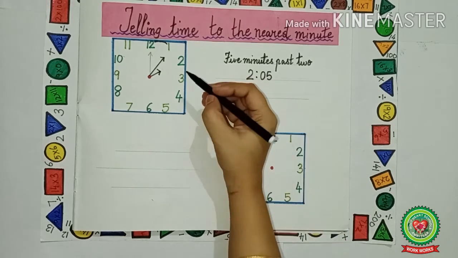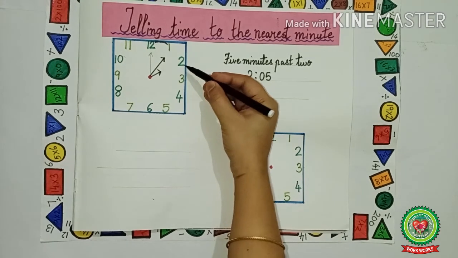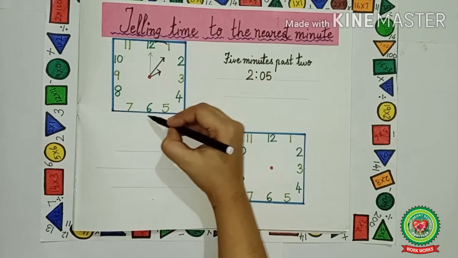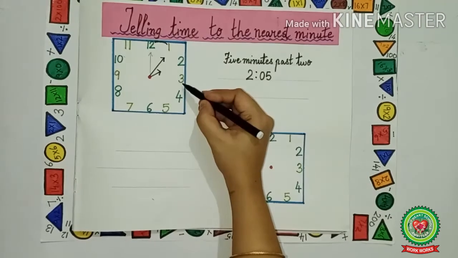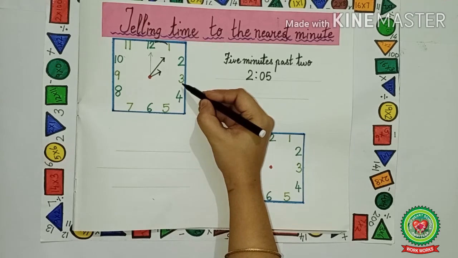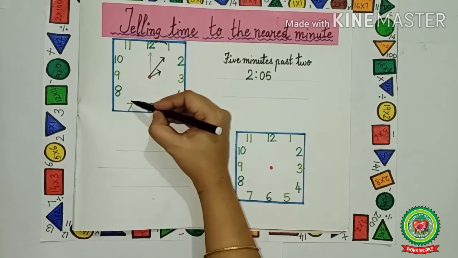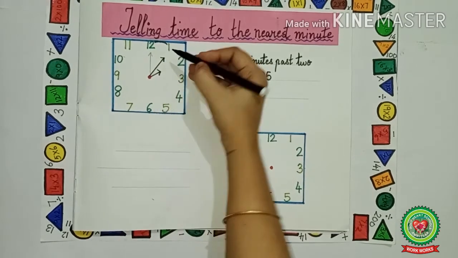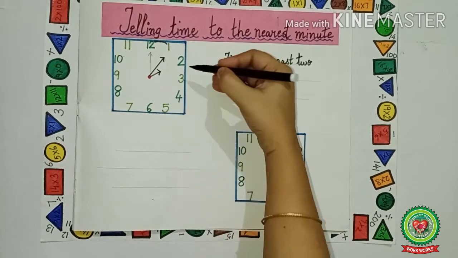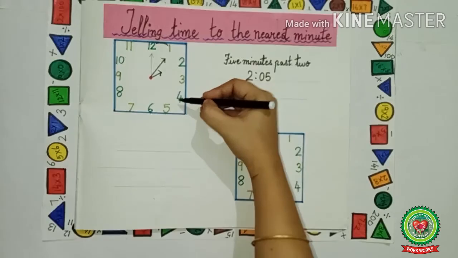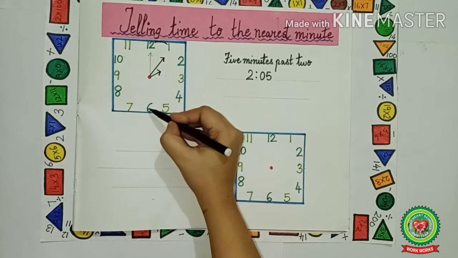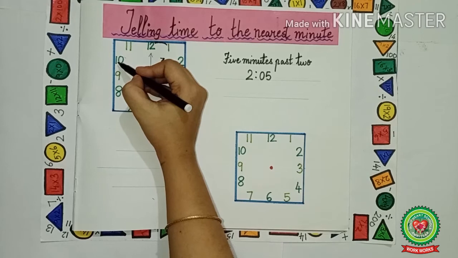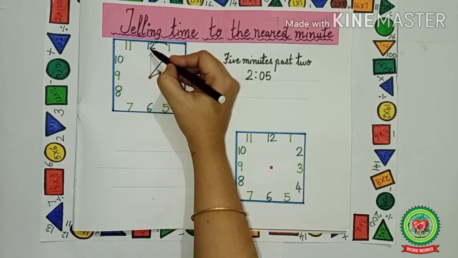Now there is one more way to read or write the time. We know that after hour 2, which hour will come? That is 3. When the minute hand completes one full rotation, it will be hour 3. So we have to tell how many minutes are left to 3. Let us count. The minute hand is at 1. After 2 we will count: 5, 10, 15, 20, 25, 30, 35, 40, 45, 50, 55.